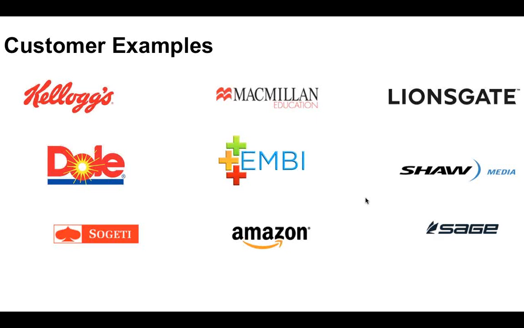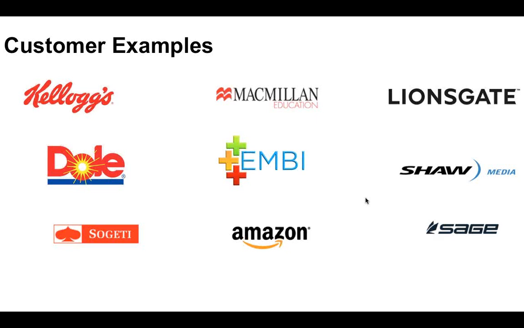Lionsgate is a big media and entertainment company out of the United States. They run SAP as well as Microsoft workloads. Dole Foods, they run SharePoint. Similarly, you have MB Shaw Media, they run Microsoft workloads. And the bottom of the list is customers that run Oracle applications. So Sujeti runs Oracle applications on AWS. There's a use case on how they built DR for the Oracle databases.